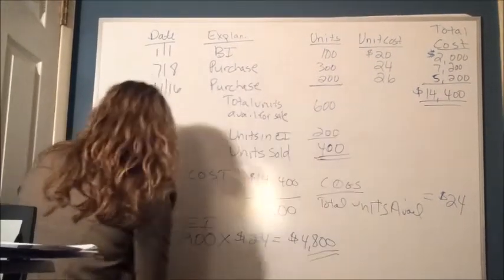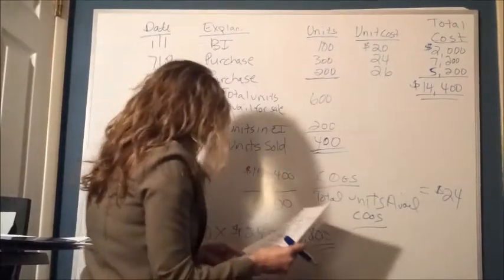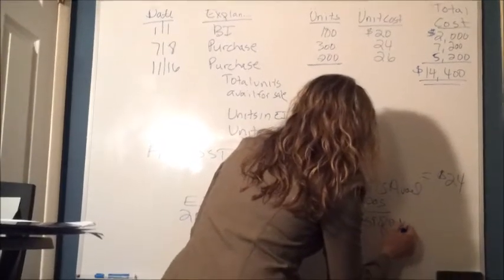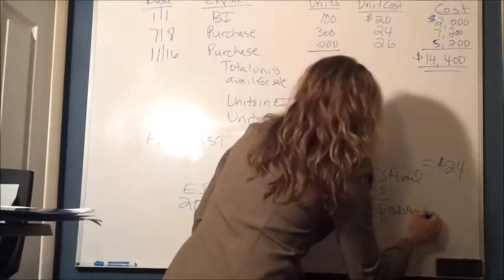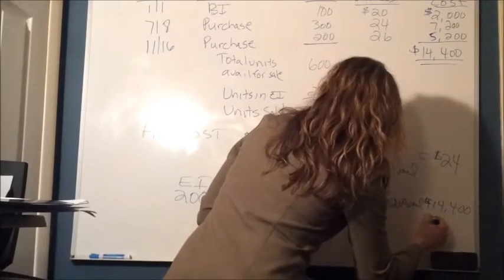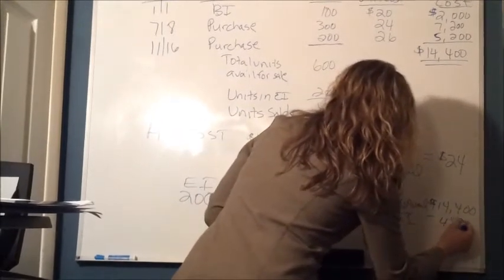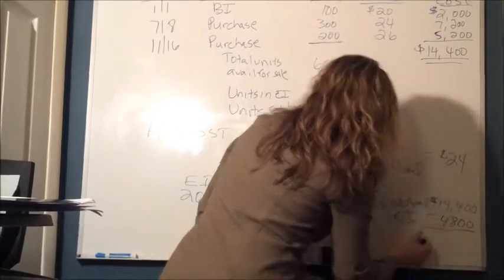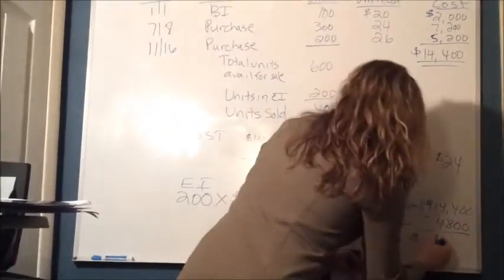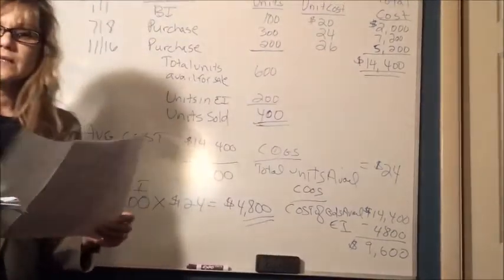Our cost of goods sold is going to be our cost of goods available, which was $14,400, minus our ending inventory, which is $4,800, and that will give us $9,600.